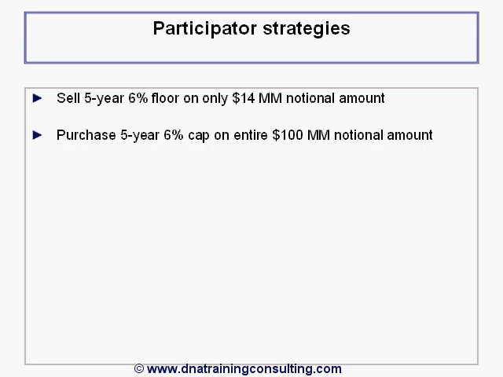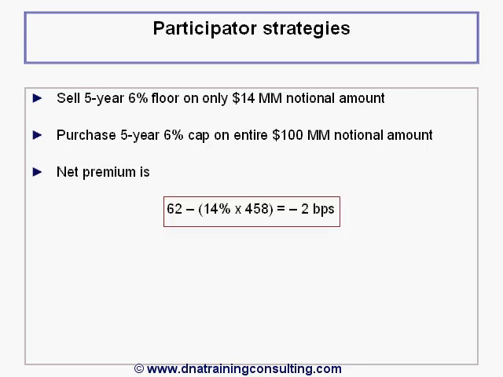You should have little trouble confirming that the premium for the sold floor almost completely equals the premium for the bought cap when the different notionals are taken into account.